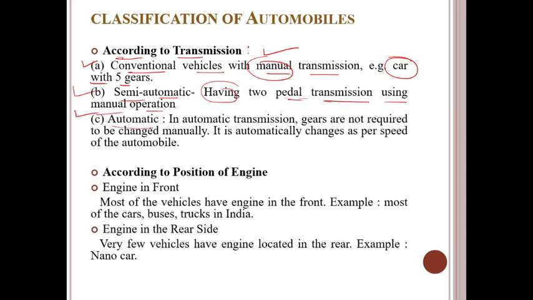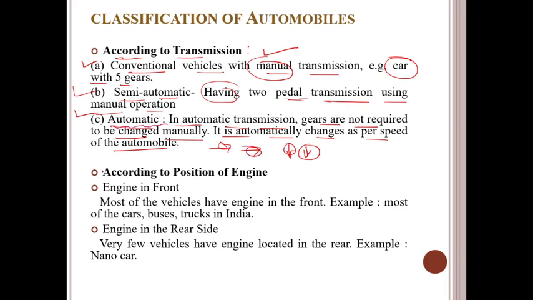And third one is automatic. In automatic transmission, gears are not required to be changed manually. It is automatically changed as per the speed of the automobile. Speed increases, the gear also changes. Speed decreases, the gear also changes.